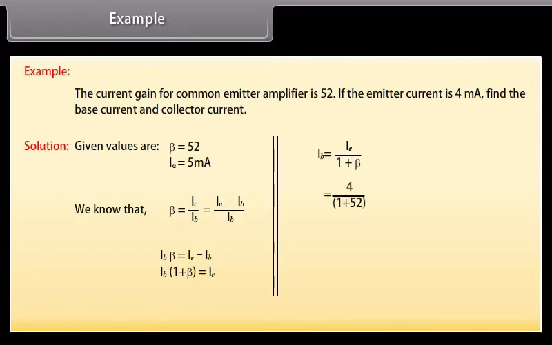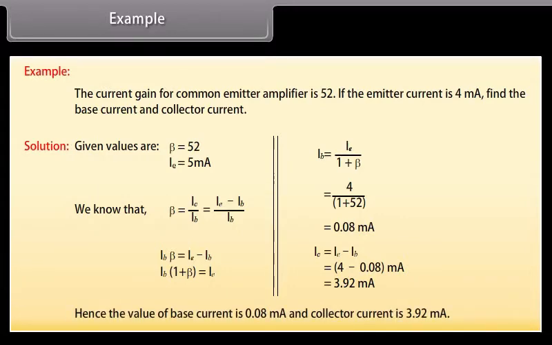Now putting the values in the expression and calculating, we get IB equal to 0.08 mA. We know that IC is equal to IE minus IB. Now putting the values in the expression and calculating, we get IC equal to 3.92 mA. Hence the value of base current is 0.08 mA and collector current is 3.92 mA.